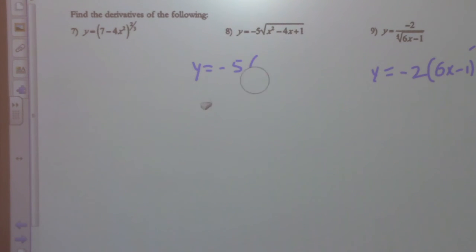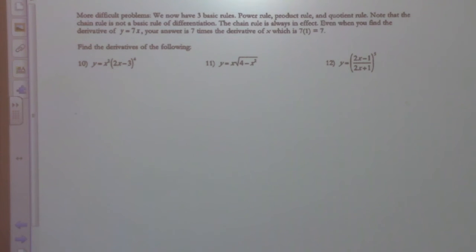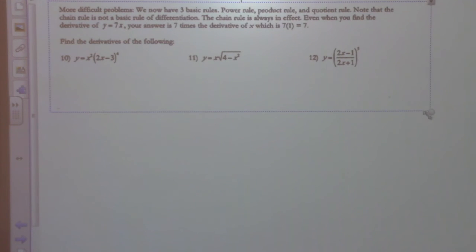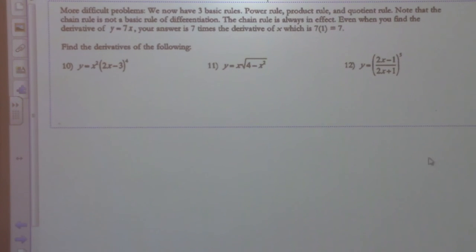Okay, let's go on to the next here. Can you see as we go through these that they require us to put together things we've done in the past? This also explains the chain rule is not a basic rule of differentiation.